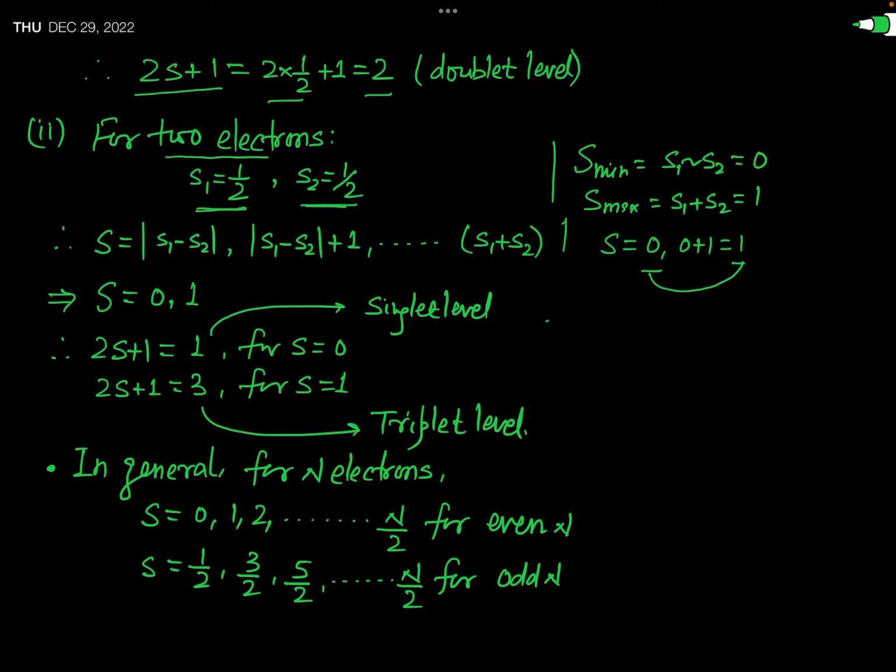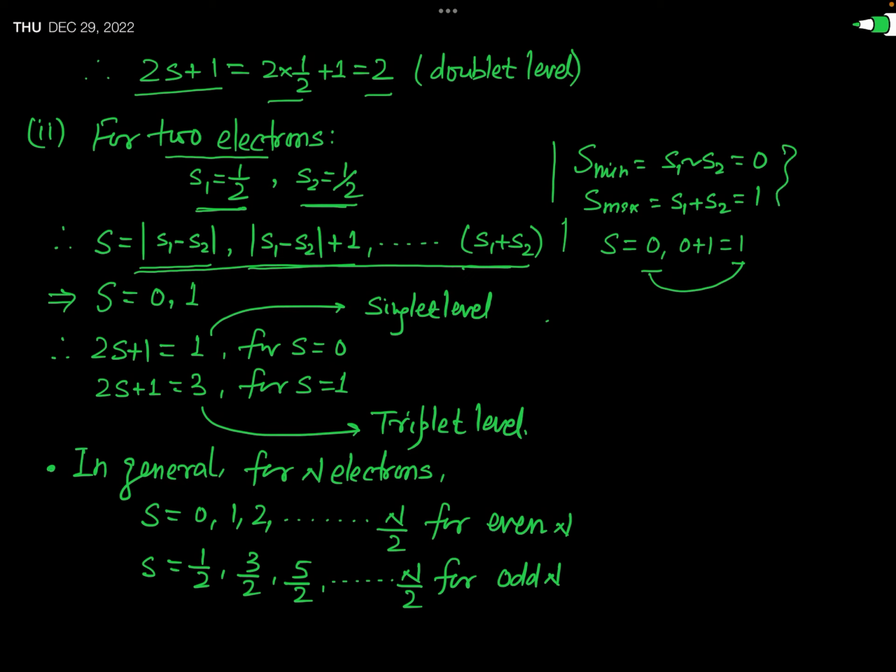But in general form, when you write the formula, you write S equal to mod of S1 minus S2, because S1 minus S2 is the minimum value, and then mod S1 minus S2 plus 1, and up to S1 plus S2. As I have told you, there is no need to write the values of S in this manner.